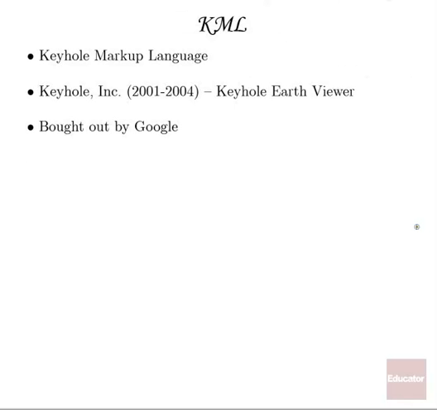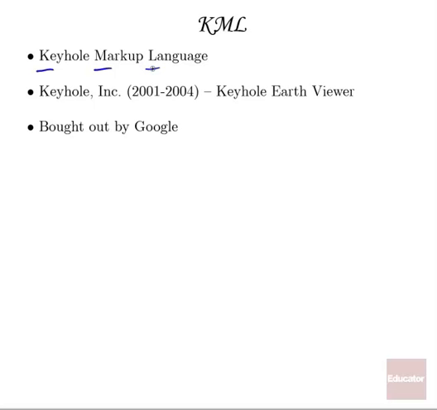So let's take a look at the background of the language we'll be using. KML stands for Keyhole Markup Language. The keyhole part comes from Keyhole Incorporated, which was a company that started in 2001 specifically to create a tool called Keyhole Earth Viewer.